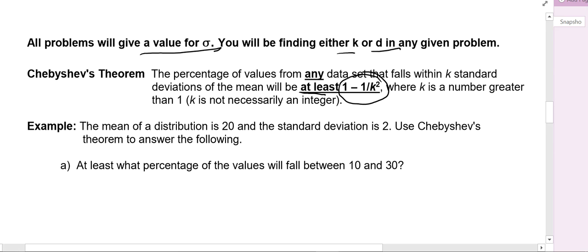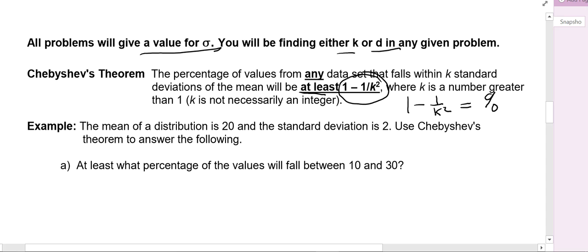It can't be 1 because notice you're going to get 0. All right, so this is an important relationship.